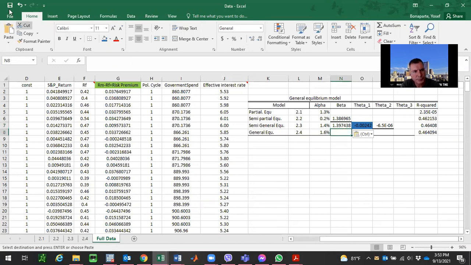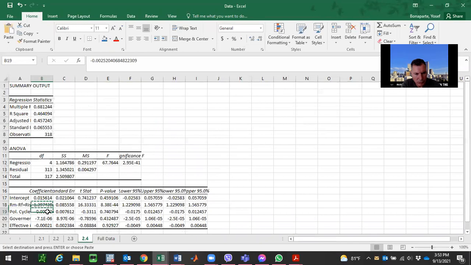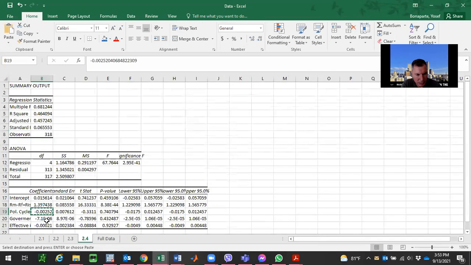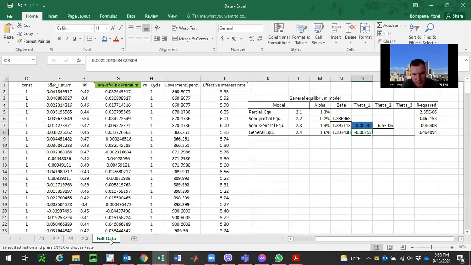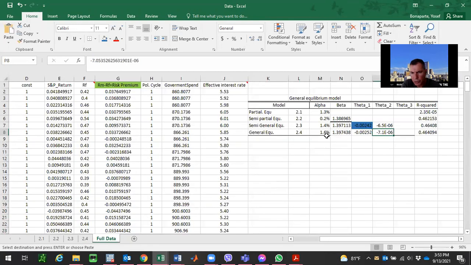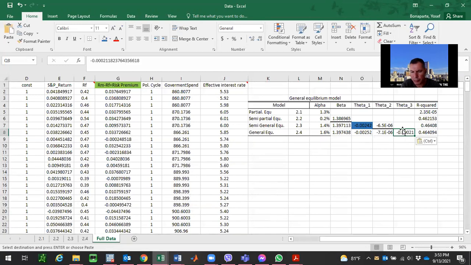The political cycle doesn't matter. The government spending doesn't matter. Not statistically significant. And finally, the interest rate T-stat is also small. It doesn't matter. So what's the takeaway from this company, which happens to be JP Morgan?